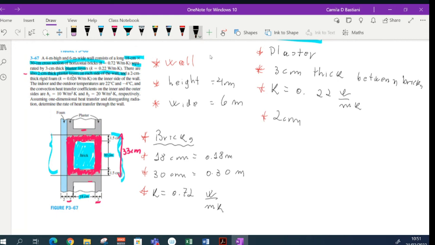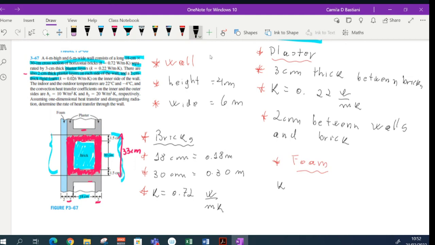What else? A 2 centimeter thick rigid foam. So I have another material here. I have foam, plaster, bricks and foam.